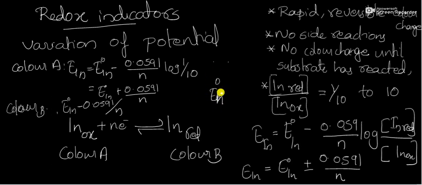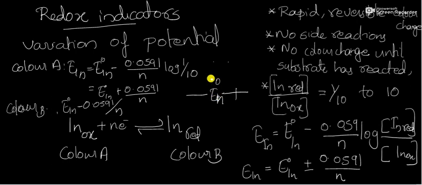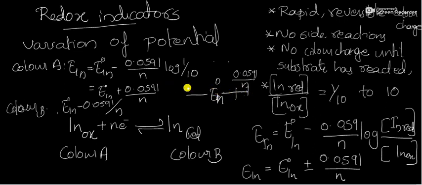This is the positive side, this is the negative side of the indicator. So color change of an indicator occurs when the potential of the indicator system changes between 0.0591 divided by N values on either side. This is the positive side and this is the negative side.